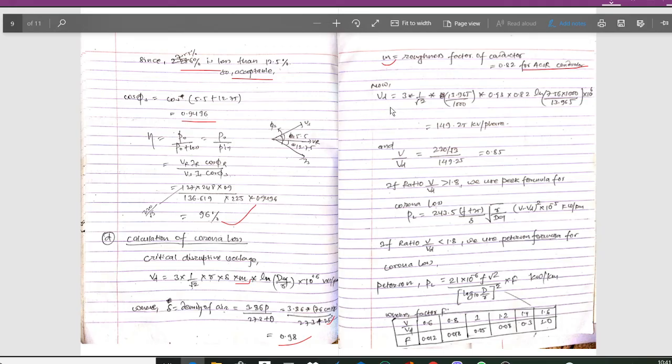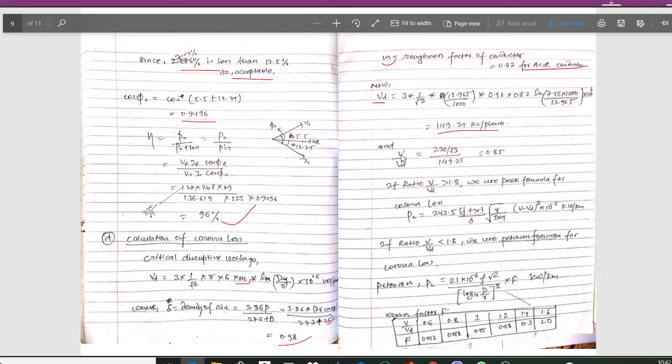Now if we substitute all the parameters, you will get the value of Vd as 3 into 1 upon root 2, and the value of R is 13.96 mm, so 13.96 upon 1000, into del, whose value is 0.92, and roughness factor is 0.82, into log of D equivalent upon R into 10 power 6, so you'll get 149.25 kilovolt per phase.